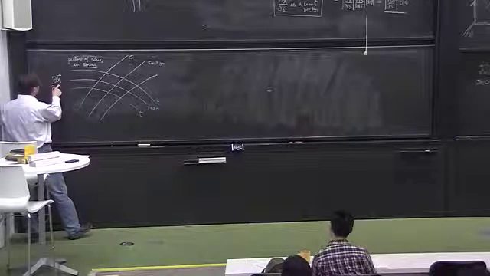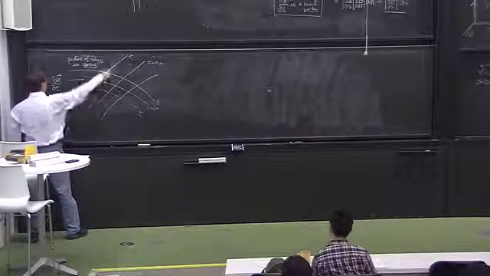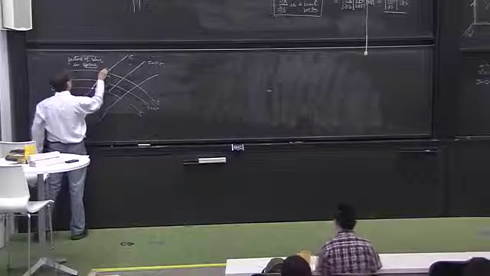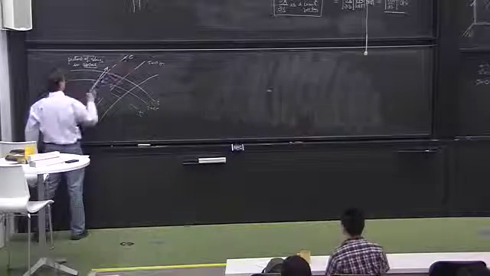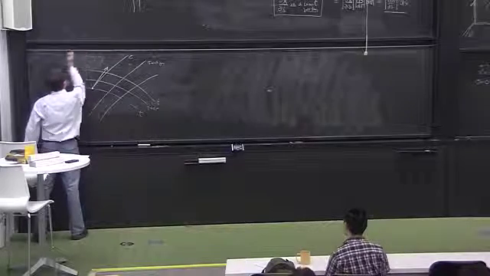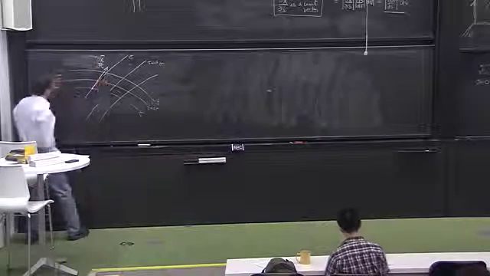Now, dx dt means how x changes. Take a point as you change t without changing sigma. So that's a vector tangent to the sigma line. This is dx dt.